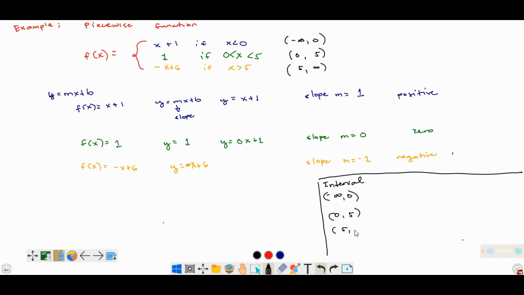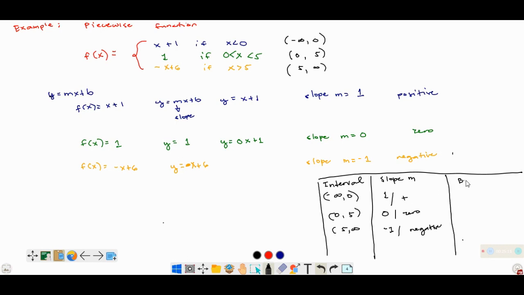Next, we have 5 to positive infinity. What is your slope? Your slope M here is 1. That is positive. Your slope here is 0, that is, of course, 0. Your slope here is negative 1, that is, of course, negative. Sorry, sinimbol ko na lang yung kanina dito.